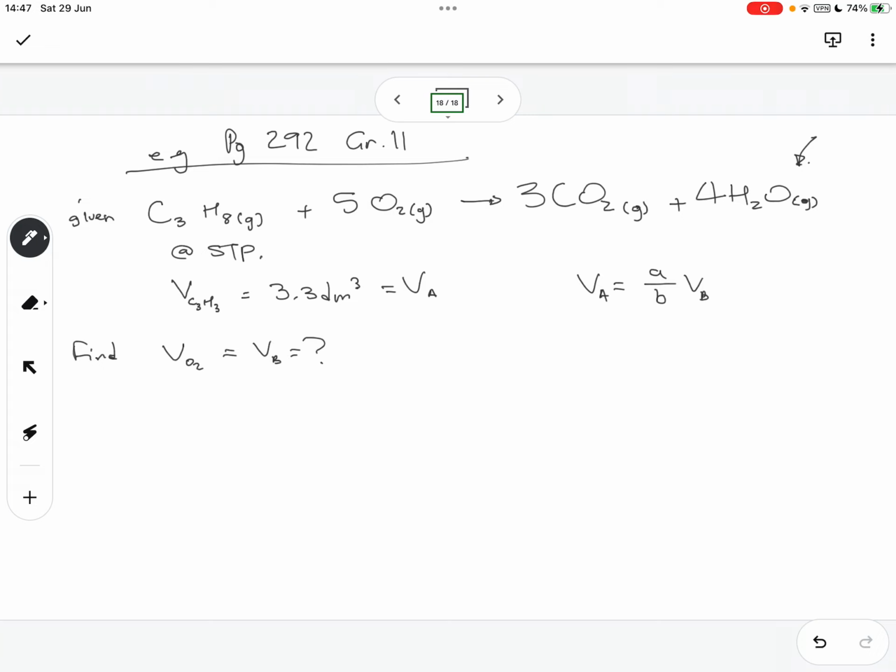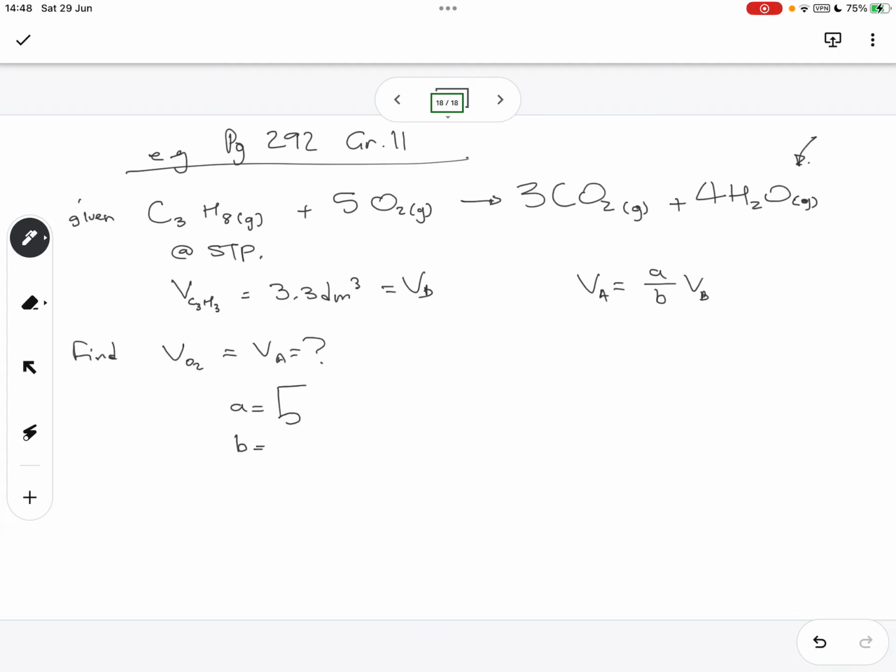So VA, but this one will just say it's VB, and we don't know it. So stoichiometric coefficient for the first gas, K1, and the stoichiometric coefficient for the second gas, K2. Sorry, this is VB, and this is VA.